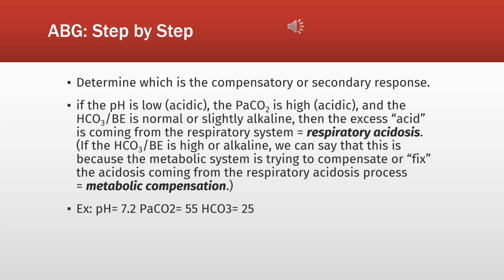So we have a metabolic alkaline condition, so metabolic alkalosis, and with the PaCO2 being 55, that's acidic. That would be the respiratory system trying to bring some acid into this alkaline situation to buffer or combat that. So the pH is what you use to determine what system is doing what, and then you look for the compensation.